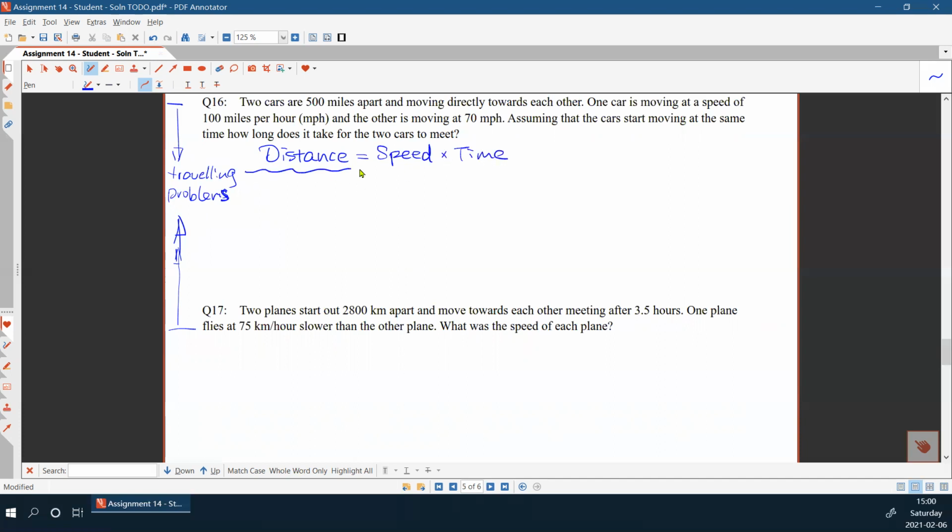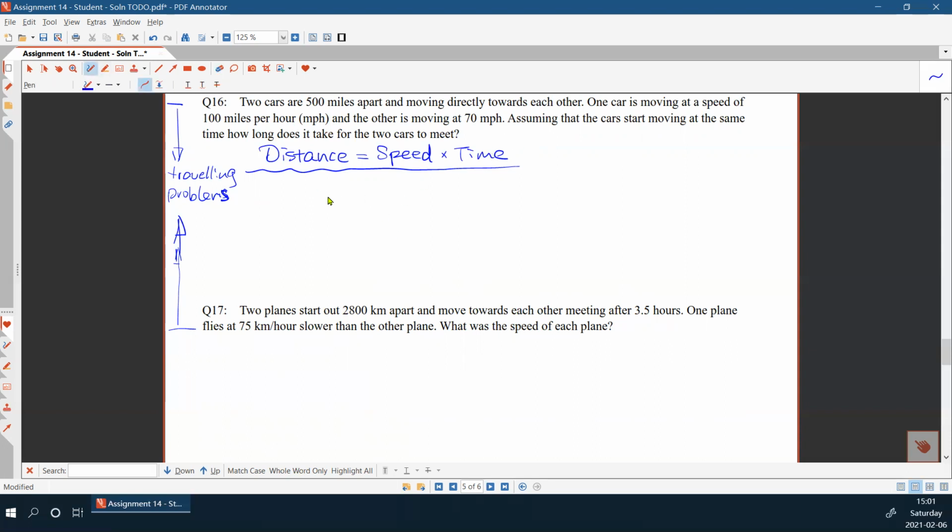Okay, do you understand this equation? Have you learned this in your physics class? So if we are clear with this, distance is speed times the time taken. For example, if you travel at 10 miles per hour for 1 hour, that gives you 10 miles, right? This is your distance. So this is a basic formula we shall know to solve traveling problems.